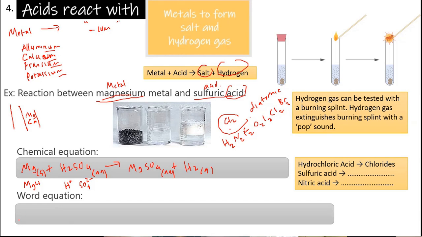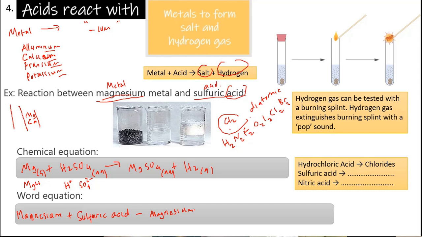Magnesium plus sulfuric acid. The products: magnesium. What is the name of the salt from this reaction?